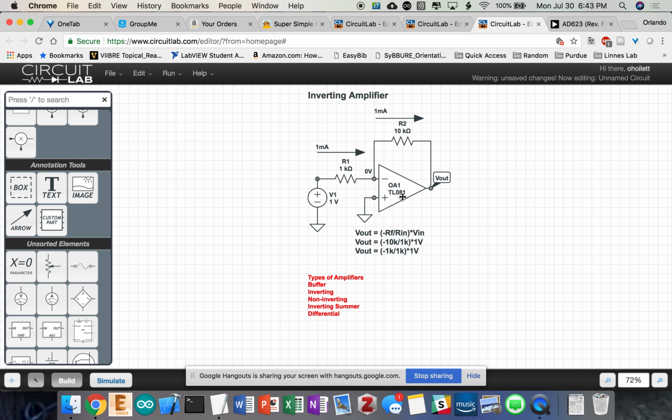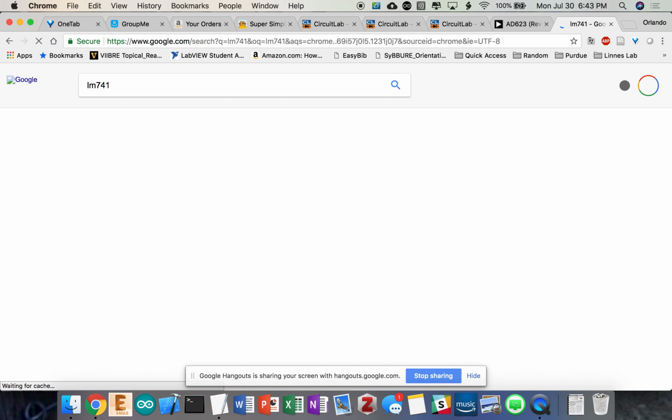It's been a while since I've taken that class myself, but basically it's a combination of transistors. Some manufacturers will actually publish the design of their amplifiers. The amplifier we'll use in BME 305 is the LM741.